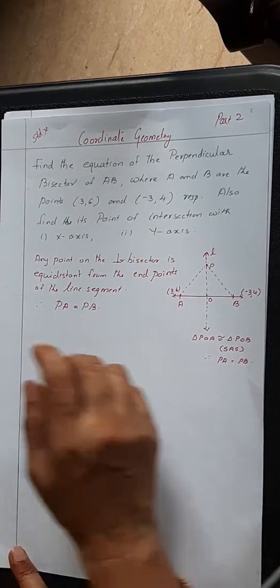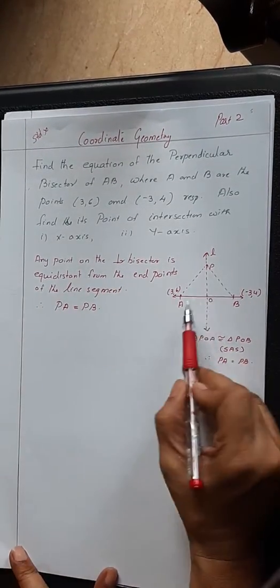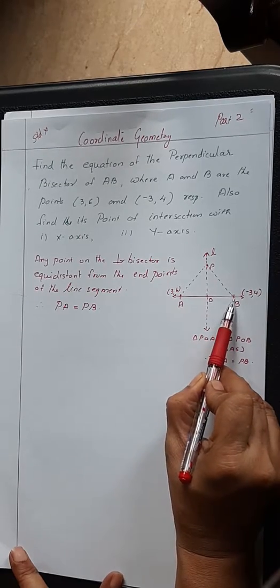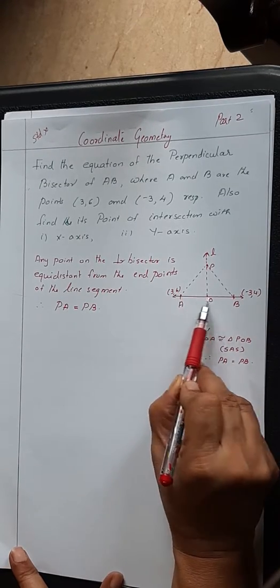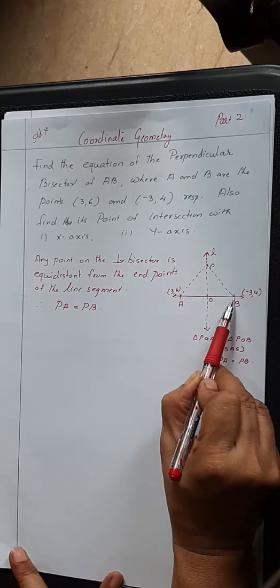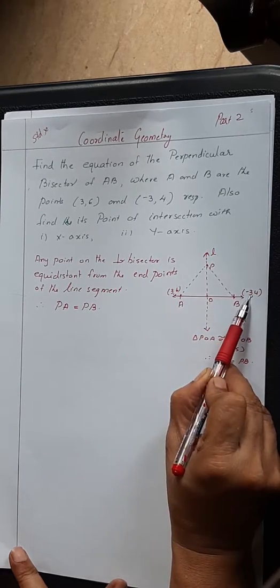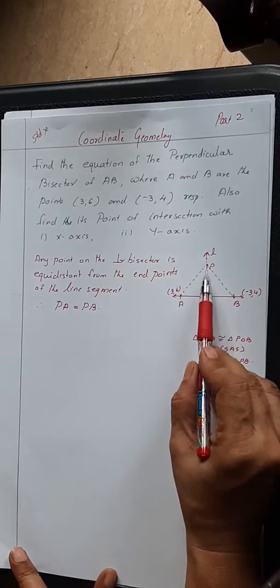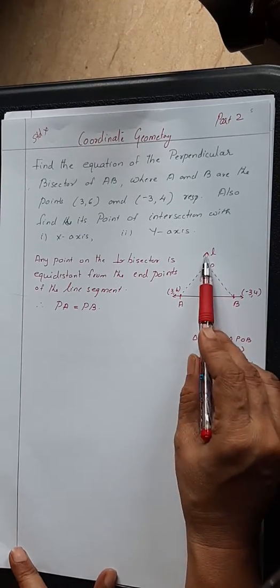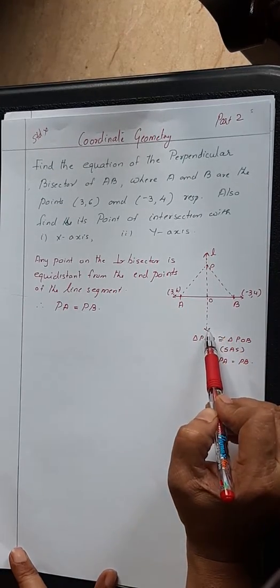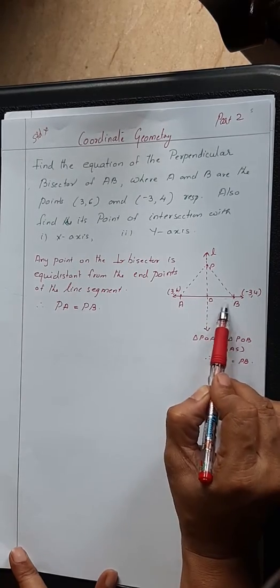So here the concept that we are going to use is, let AB be the line, and A and B are the points on the line with these coordinates. Now we have to find a point on the perpendicular bisector. So this line L is a perpendicular bisector of the line segment AB.